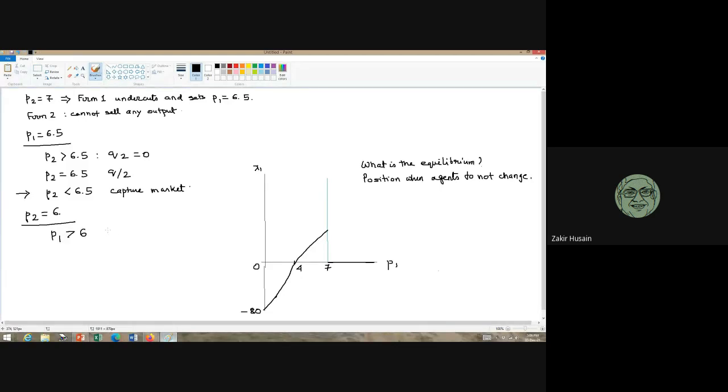His price can be P1 greater than 6, in that case Q becomes 0. He can set P1 equal to 6, in that case Q is shared. Or he can set P1 less than 6. He now recaptures the market. In that case, again, P1 is, let us say, 5.5, and the entire process continues like this.